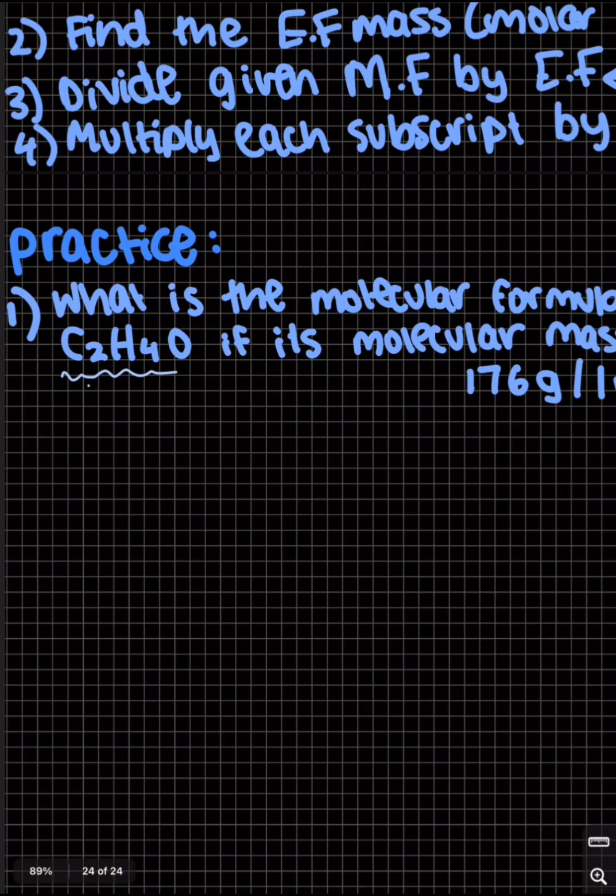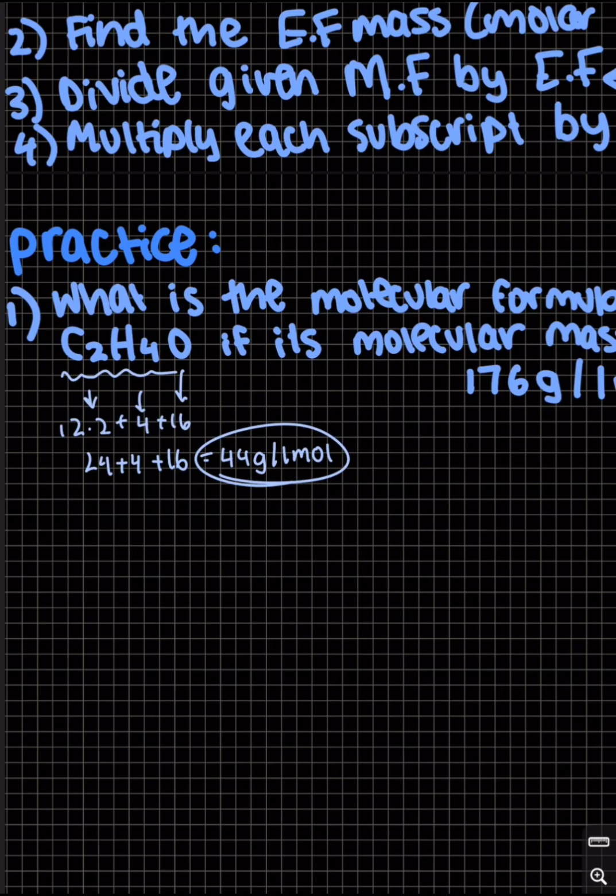The molar mass of C2H4O is just simple multiplication: carbon is 12 times 2, plus 1 times 4, and the oxygen is 16, which means 24 plus 4 plus 16 is equal to 44 grams per 1 mole.